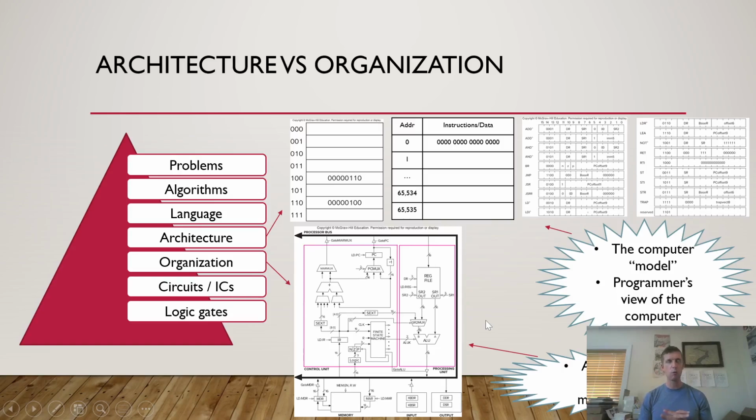We'll see how it's totally possible for one instruction set architecture to be implemented in multiple different ways. We'll see in Unit 5 how we can implement the LC3 architecture in a slightly different organization that gets us some benefits.